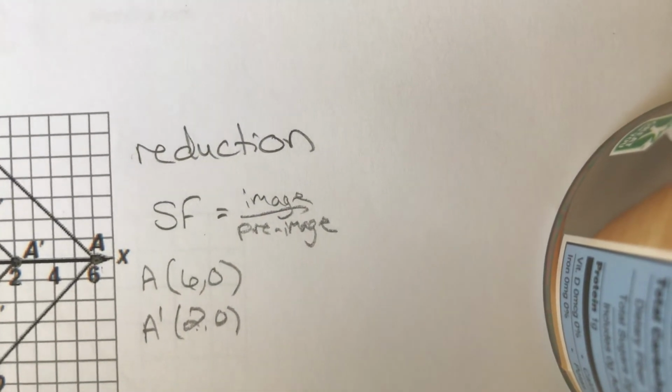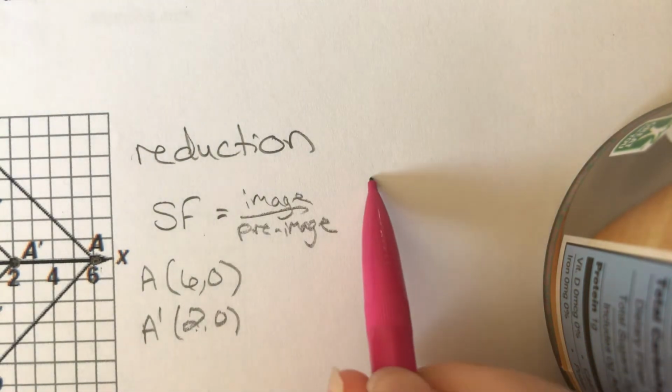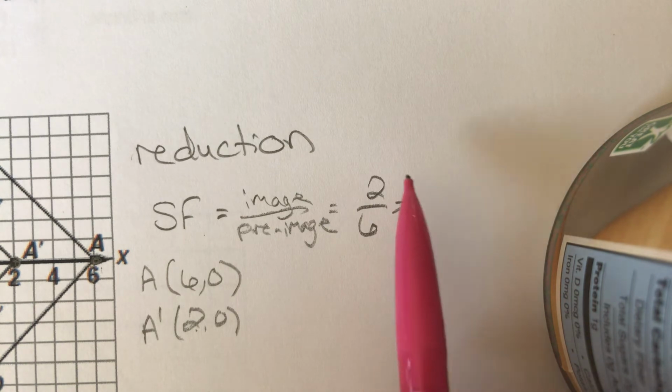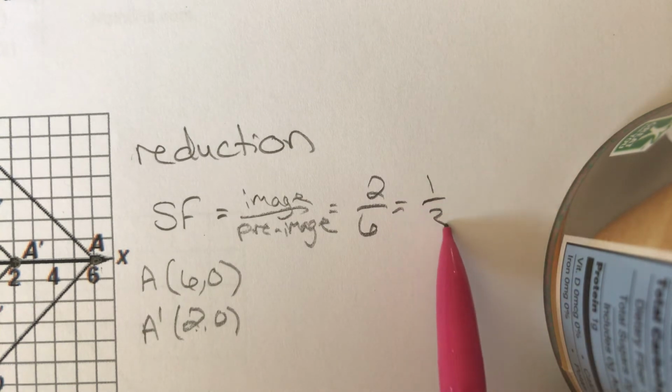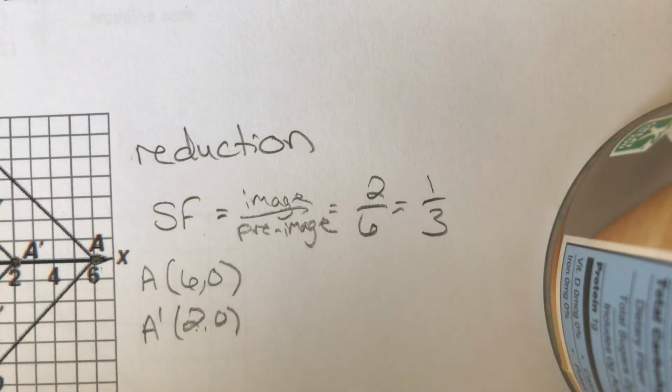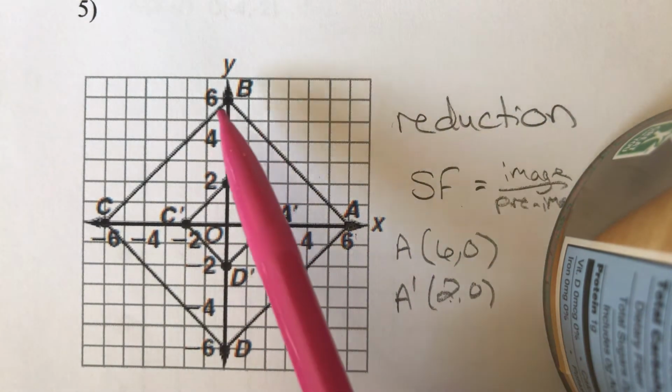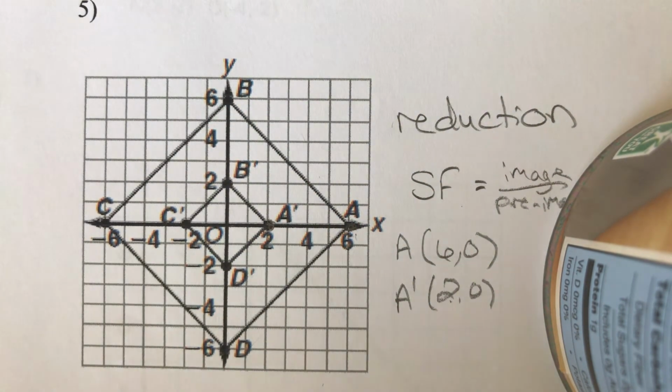The image goes on top, so that's 2 over 6, which simplifies to 1/3. Okay, so our scale factor is 1/3. So that small diamond on the inside is 1/3 the size of the outer diamond.